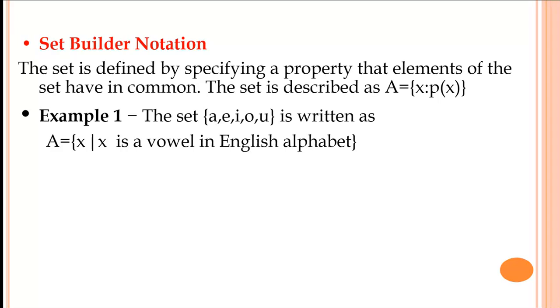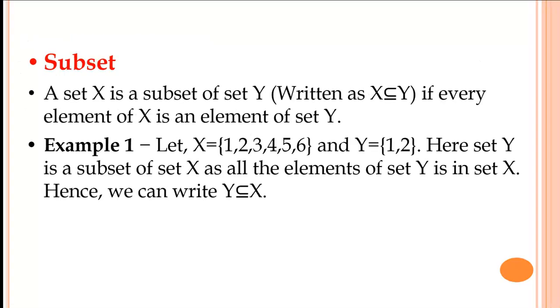That is, you describe the set in descriptive form. The first example is again the set of vowels. How to represent that in set builder notation? A, the name of the set, equals {x such that x is a vowel in the English alphabet}. This is the representation of the set in set builder notation.